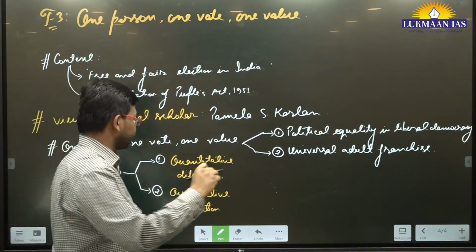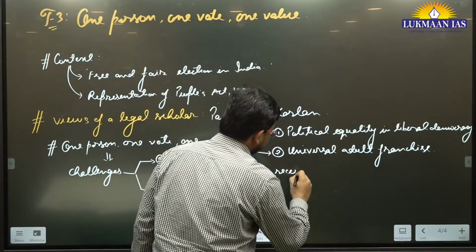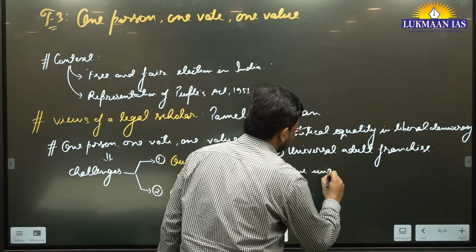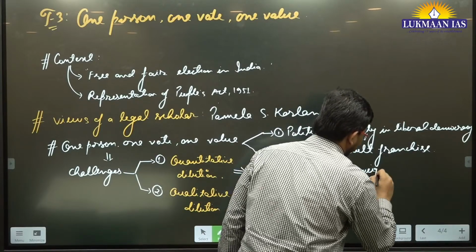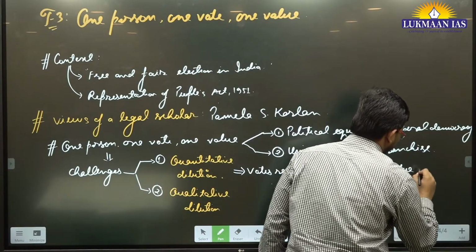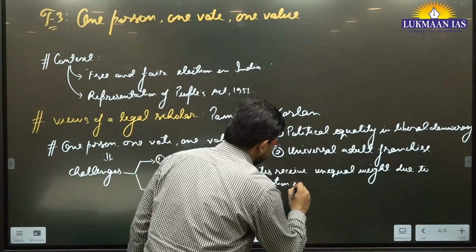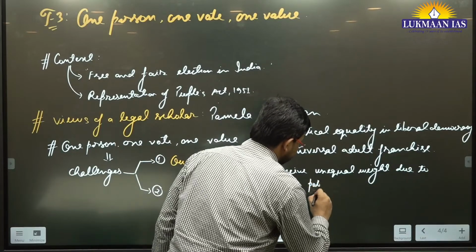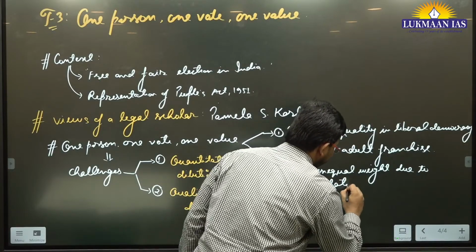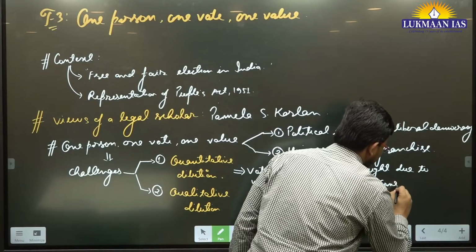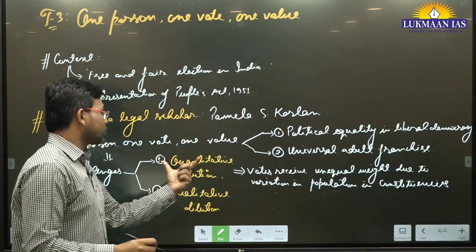Votes receive unequal weight due to variation in population in constituencies. This is one important aspect, which is quantitative dilution.